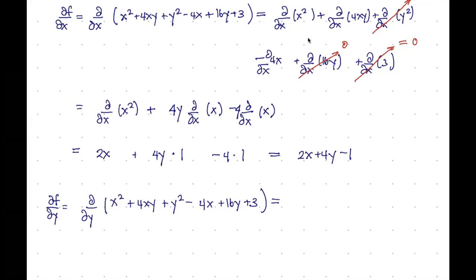If you were to take the derivative with respect to y of x squared, there's no y term in here, so that would be 0. The x would be treated as a constant, so together 4 and x would be a constant, and the derivative of y would be 1.